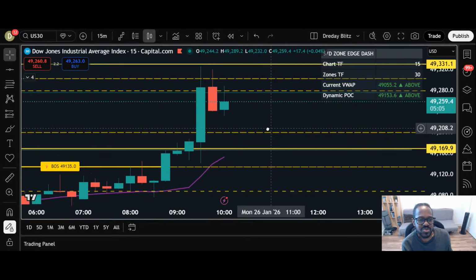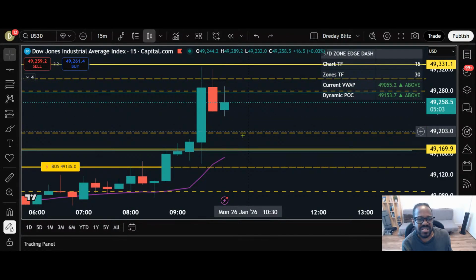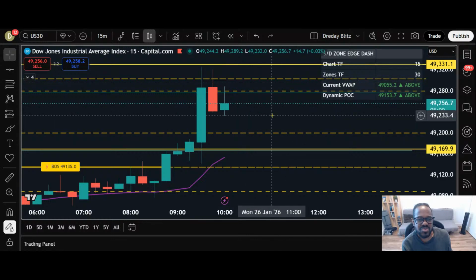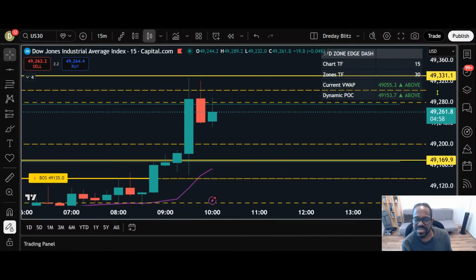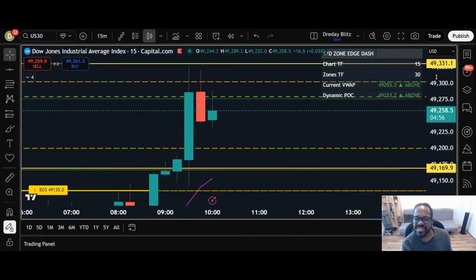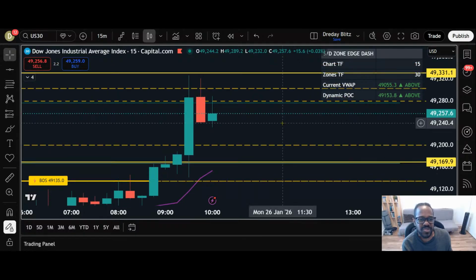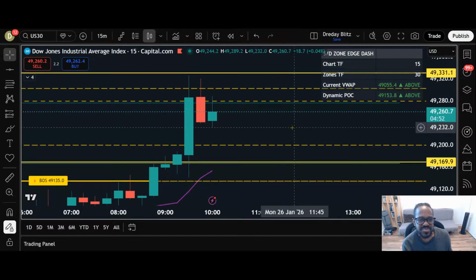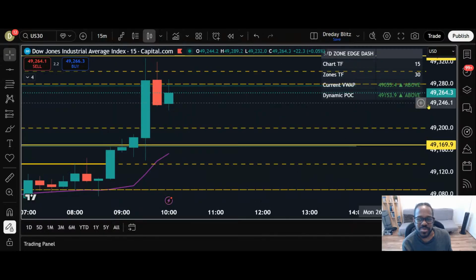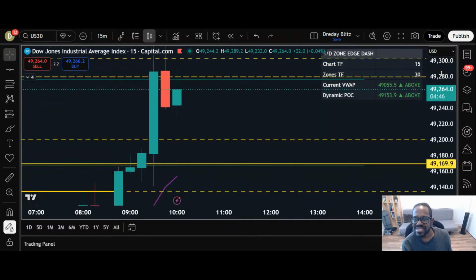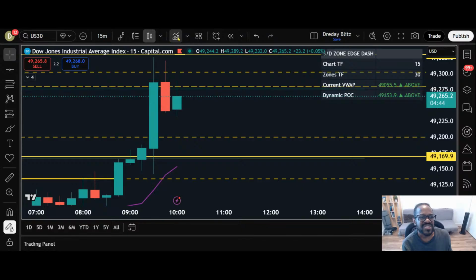So now we just have to wait to get some liquidity at the bottom here to be able to push the price higher. But if we don't have that, we may start to retrace here. And remember that 4-hour candle just started here at 10.